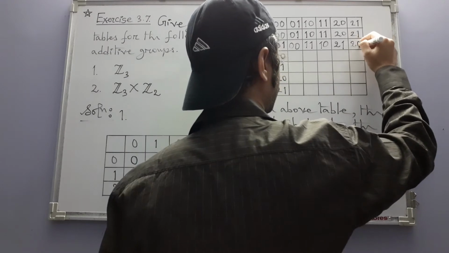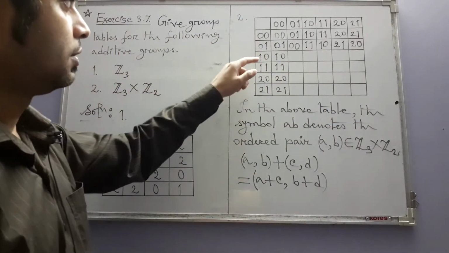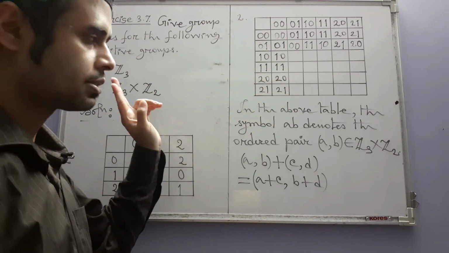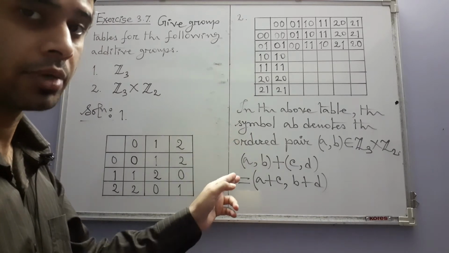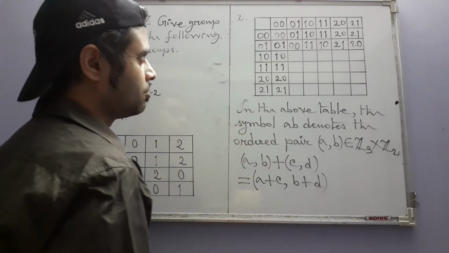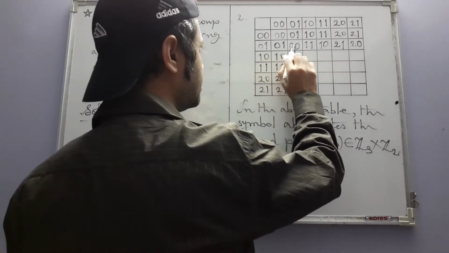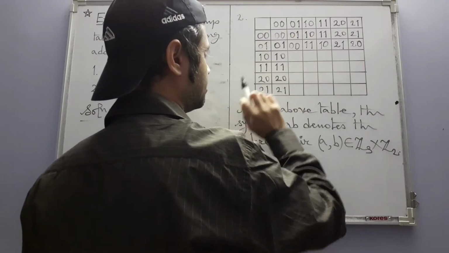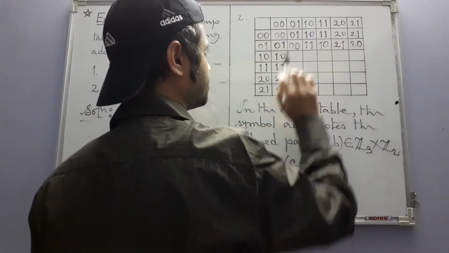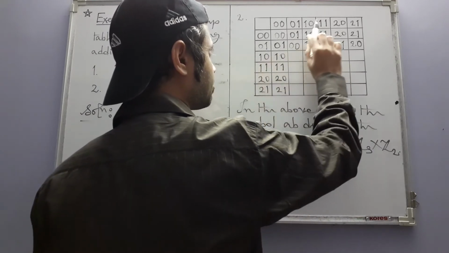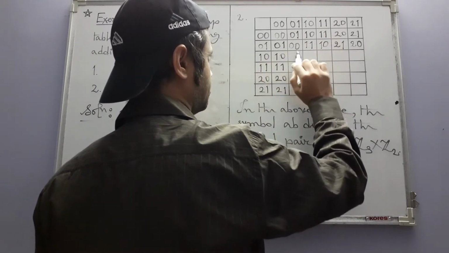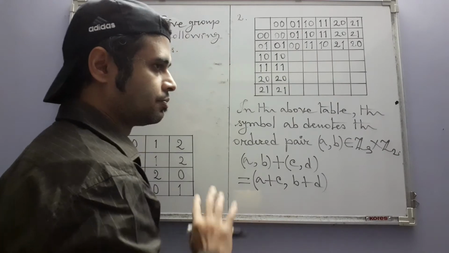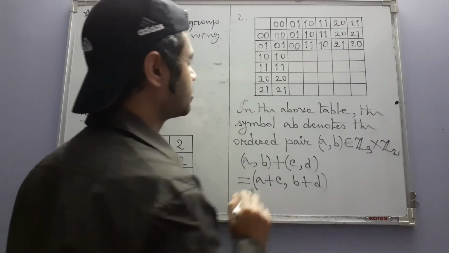Now note that if you go column-wise, you will get the same pairs of summands in the opposite order. What I am trying to say is that whatever you have written in this row, that is 0 1 plus 0 1, 0 1 plus 1 0, you see 0 1 plus 1 0 is this cell. If you look at this cell, that is 1 0 plus 0 1, the order is changed.